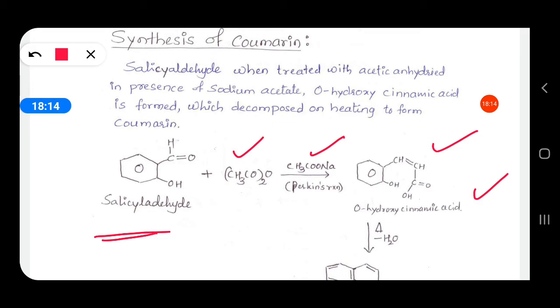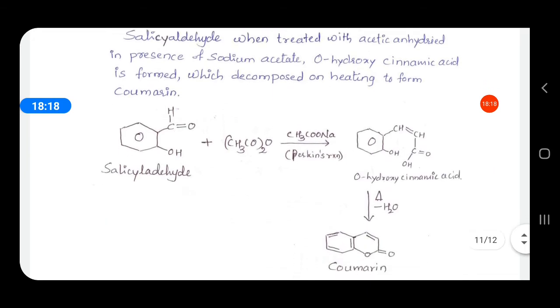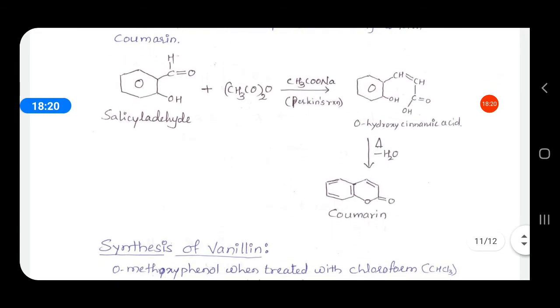So once the orthohydroxycinnamic acid, that is the alpha beta unsaturated acid, is formed, on heating, a mole of water is removed from these two OH groups. A mole of water is removed as H2O and only one oxygen remains here.